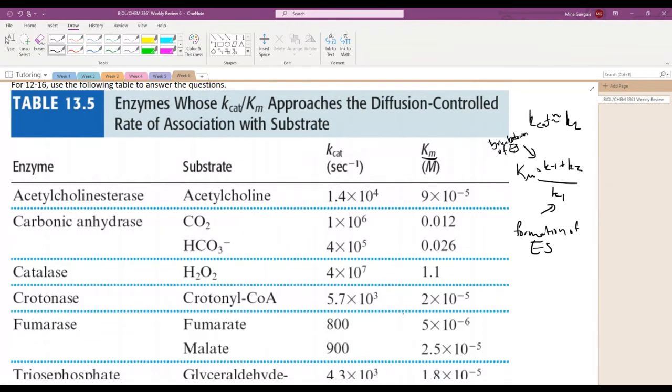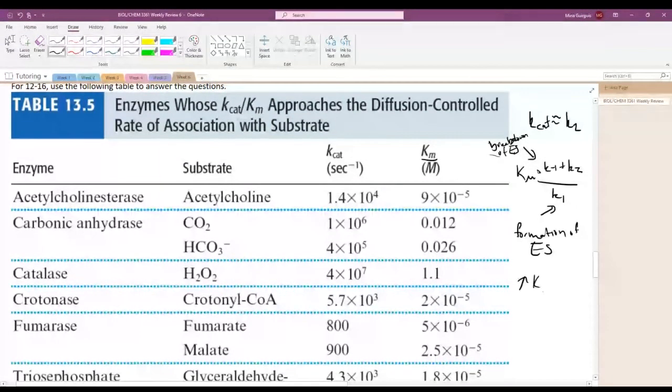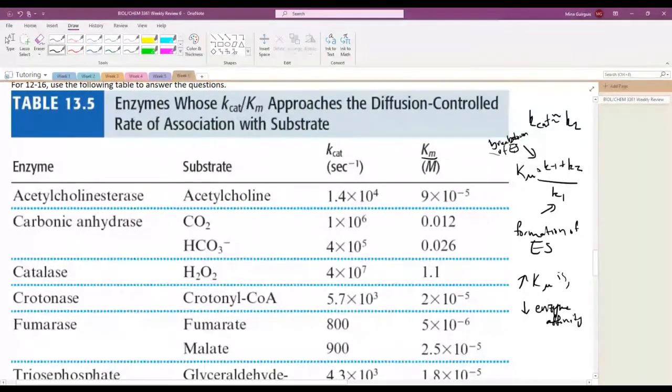What that means is if Km is high, a lot of ES is going to be broken down and not a lot will be formed, okay? So the higher Km is, the lower enzyme affinity is. Affinity, okay? And the opposite is true.